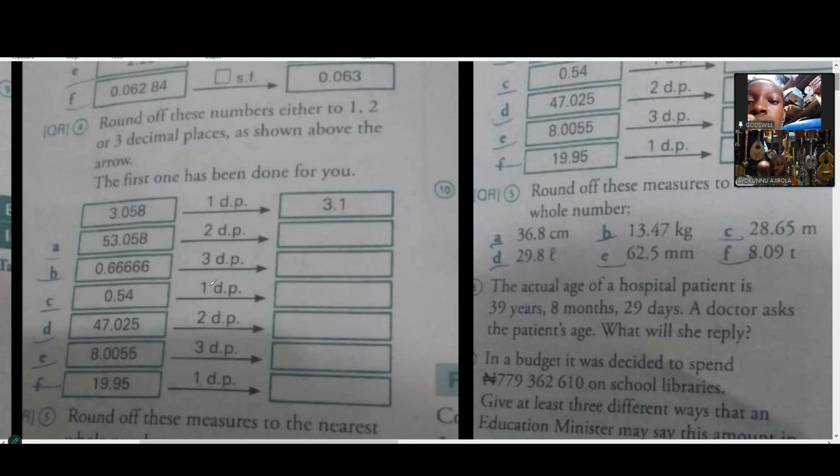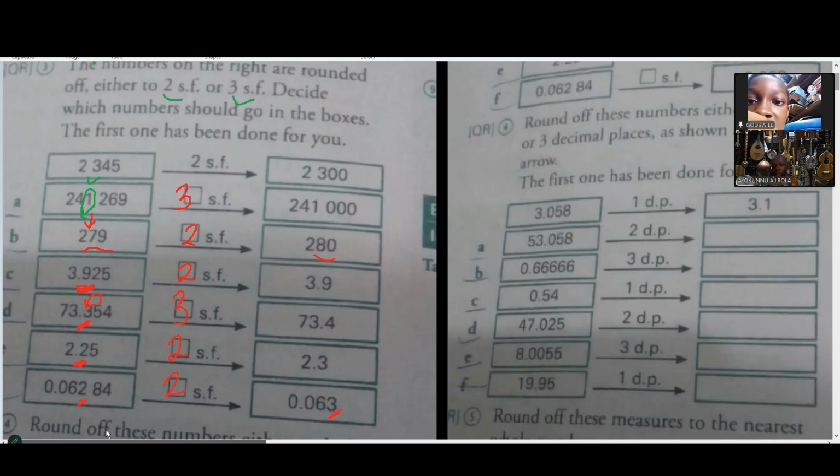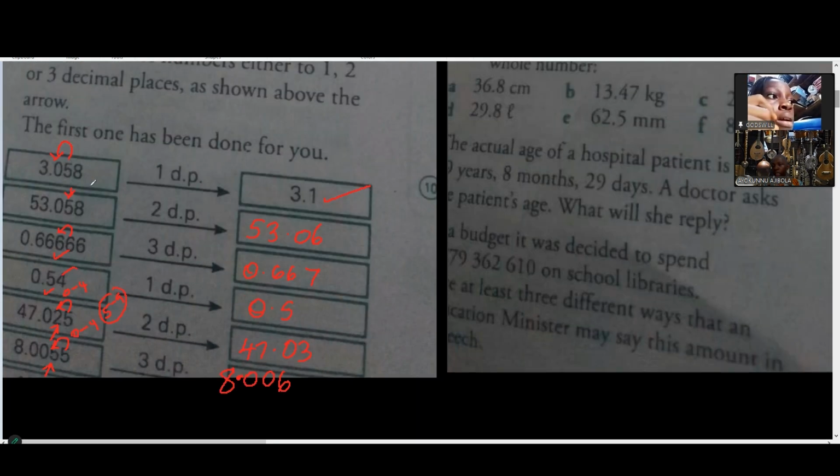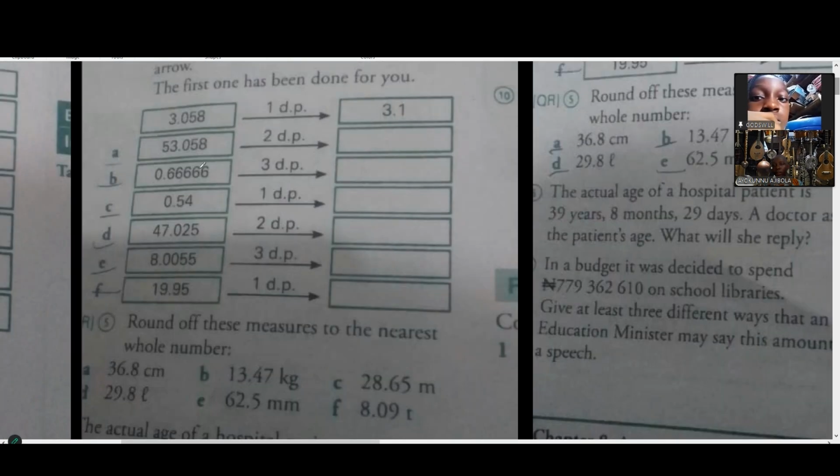You snap this one again, right? That was the one we did here, this one at the bottom here, 53.058, the 0.666 stuff. Everything is now here, right?